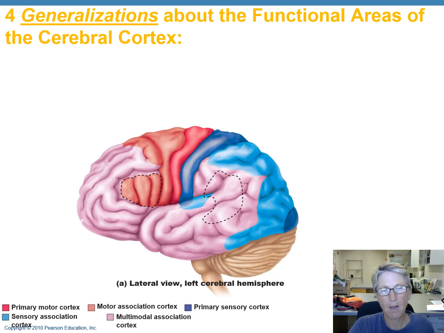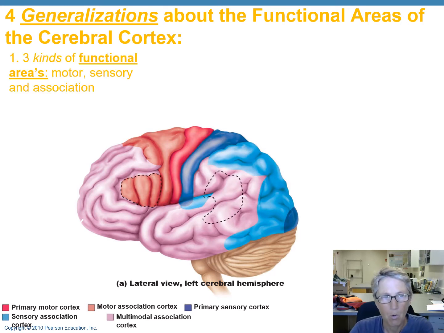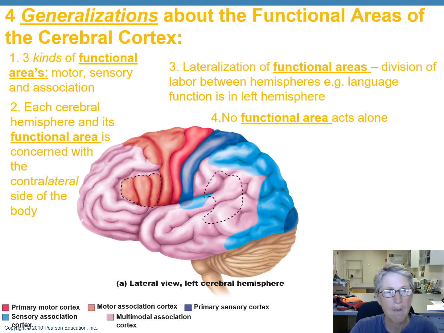So remember, there were four generalizations about these functional areas of the cerebral cortex. The first generalization is you can find three kinds of functional areas: motor, sensory, and association cortices. Each cerebral hemisphere and its functional area are concerned with the contralateral, or opposite, side of the body.